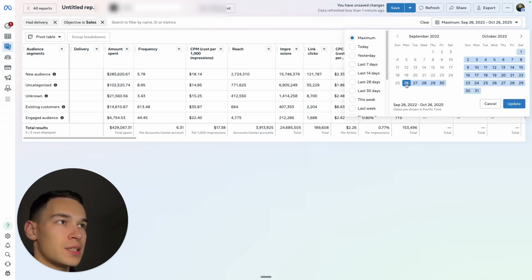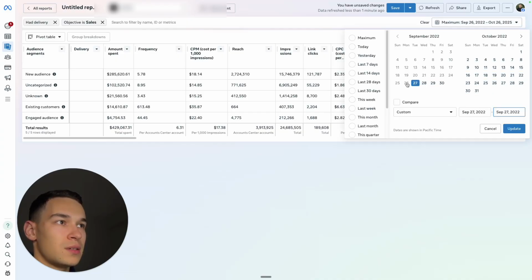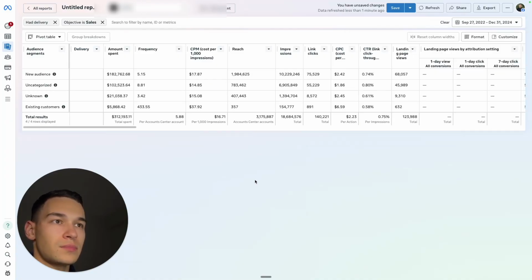Let's select since the beginning of running ads, 27th of 2022, then go to the beginning of this year, December 2024, so we will see what the incremental reach is here.